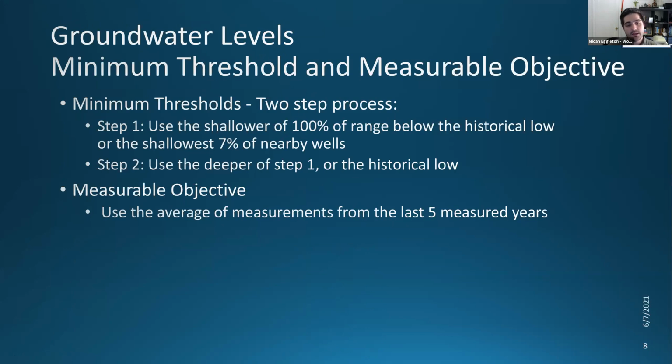So step 1 is we first use the shallower of either 100% of range below the historical low or the shallowest 7% of nearby wells, and that's domestic wells. And step 2 is to use the deeper of step 1 or just use the historical low. And I'll get into how each of those are calculated in the next few slides to show examples of what each of those mean. And then for our measurable objective, we use the average of the measurements from the last 5 years. Now that's not going to be a rolling average as we move forward.